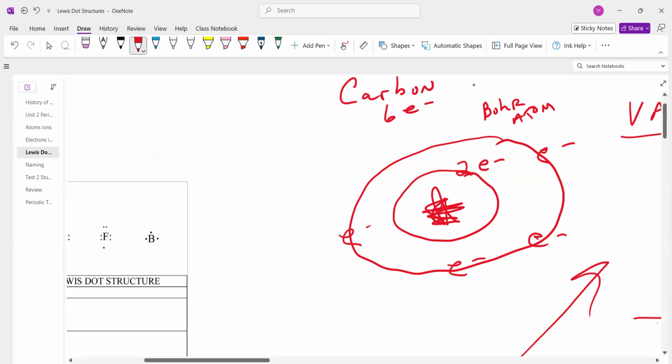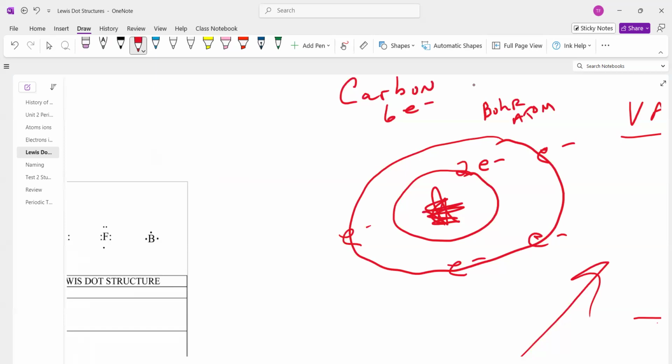Inner electrons revolving around the nucleus, and then you have other orbitals revolving around the nucleus. That model is no longer in use. We use a quantum mechanical model now for the last 120 years or so. But for this kind of stuff, it's much simpler than the quantum mechanical model.